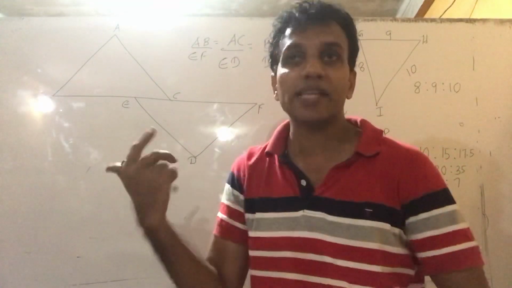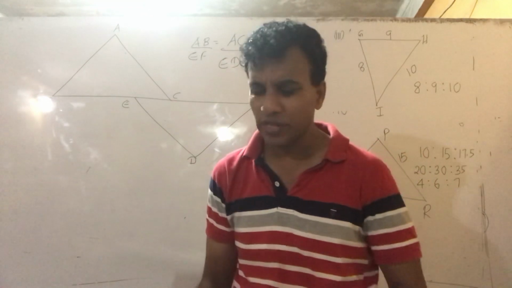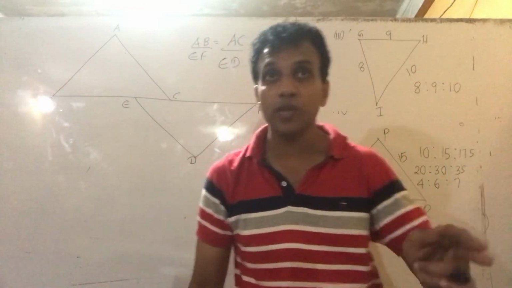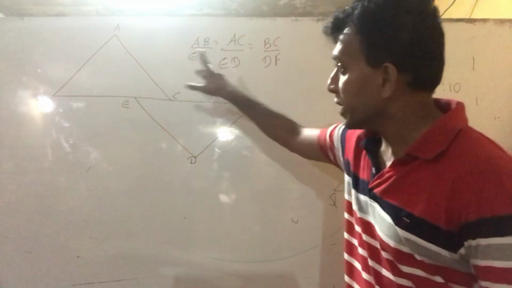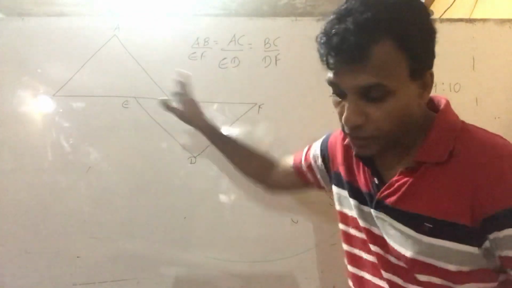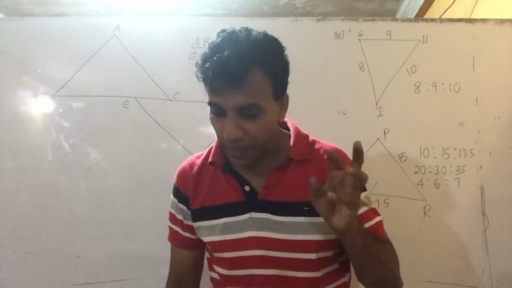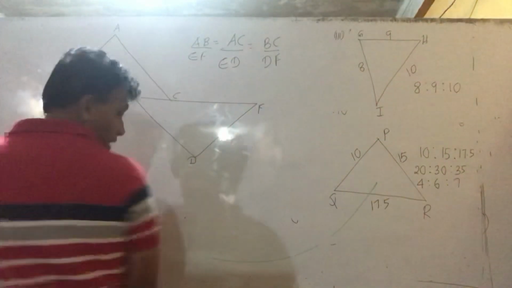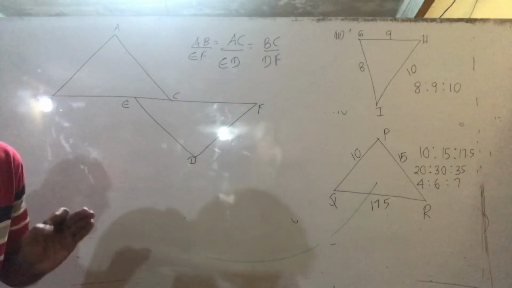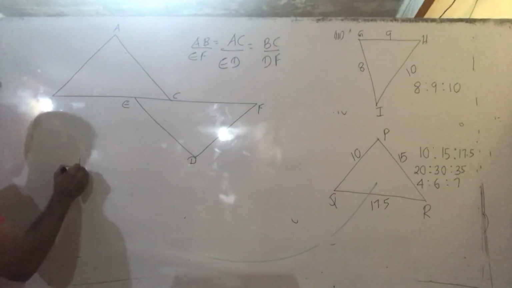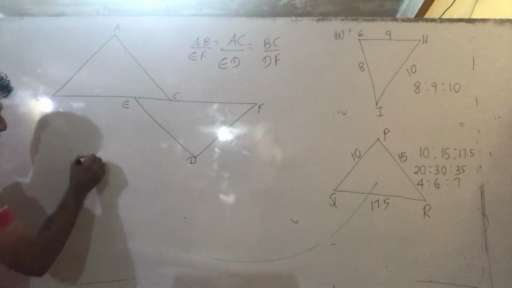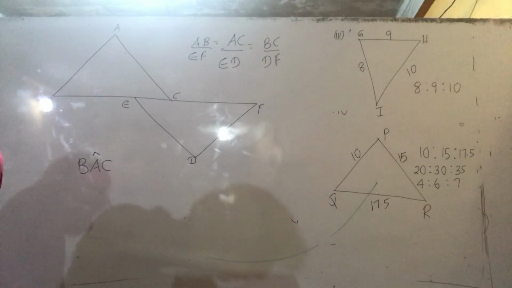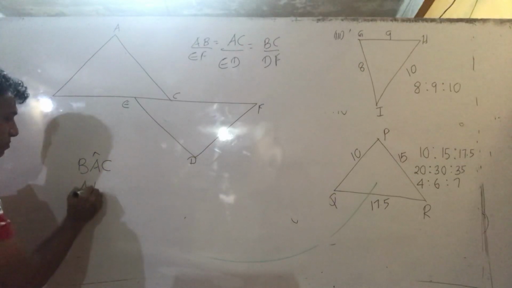So if you followed all my videos, you know what happens. If you randomly select and view, I don't think you get good knowledge in this equiangular topic. Follow all the videos and come to this part, right? So they said this fraction for this pair of triangles, name the angles which are equal to BAC, next ABC, ACB.